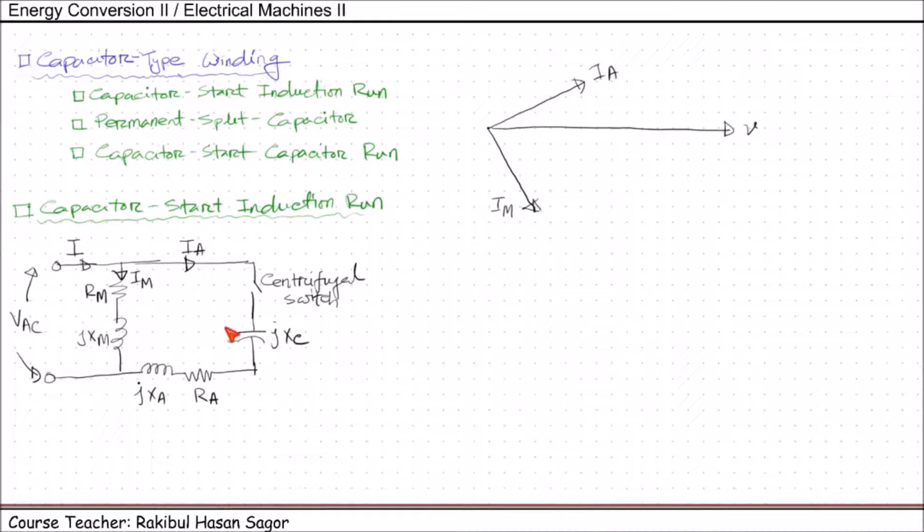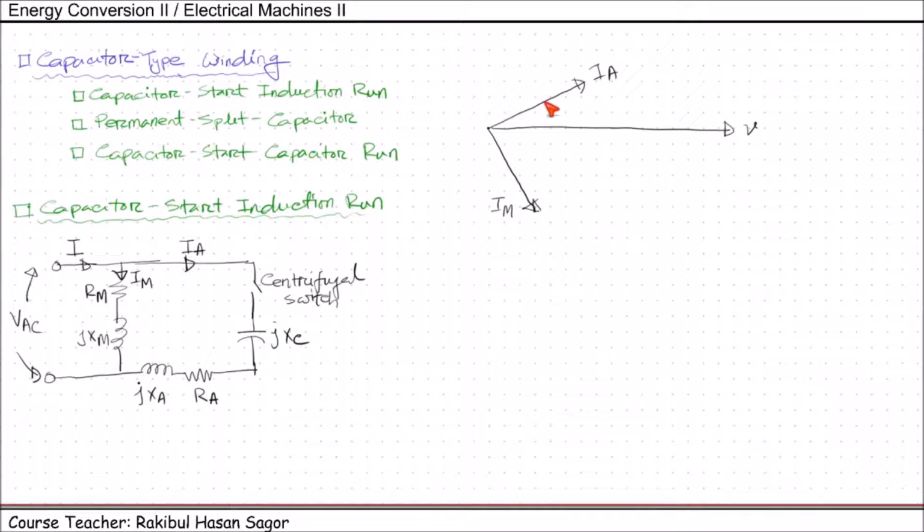And by selecting the correct size of the capacitor value, resistance value, and the auxiliary winding value, the current in the auxiliary winding can be made to lead the current in the main winding by 90 degrees. Since these two currents are separated by 90 degrees, a 90 degree phase difference in current will yield a single uniform rotating stator magnetic field, as we saw in our previous lectures.